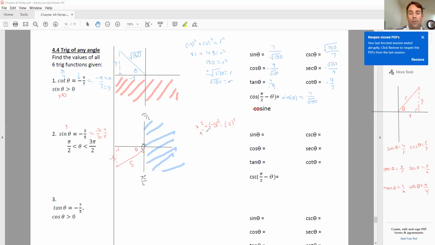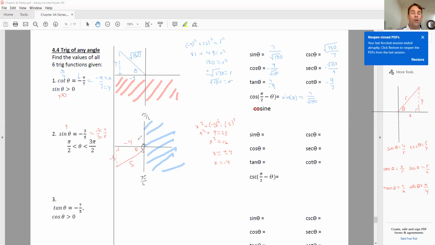So x squared plus 9 equals 25. x squared equals 16. x is plus or minus 4. So then we look here. Where's the graph at? Well, it's on the negative side of the x-axis. So that means my x value here is actually going to be negative 4, not positive 4.